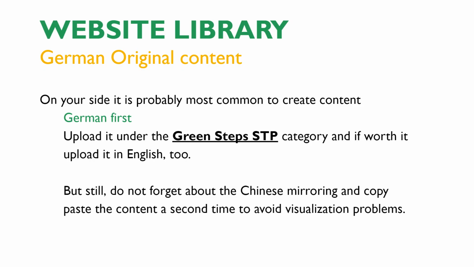So what you have to do is to select the GreenSteps STP category when you upload the content, and if you think that it is worthy to share, at the end of the article you can just re-upload all the content itself, so every headline, every paragraph, every picture, and you can upload it in English. This is at the moment the only possibility we have, but no matter what you do, you always have to mirror it in the Chinese part, otherwise we are going to have lorem ipsum everywhere.